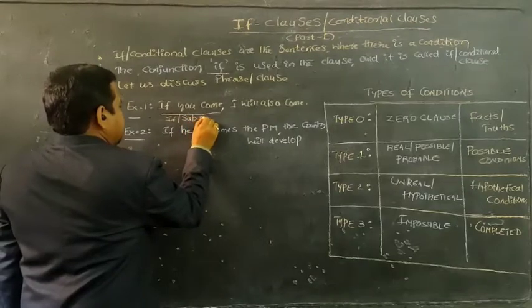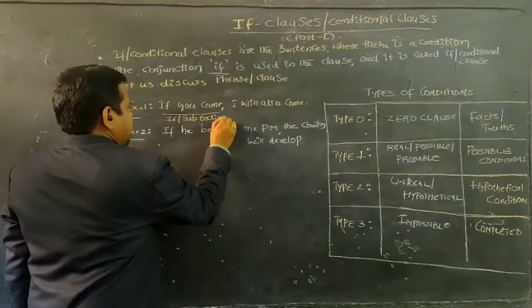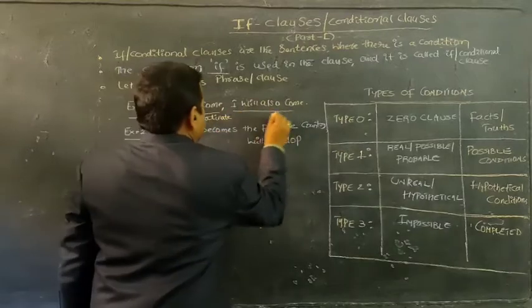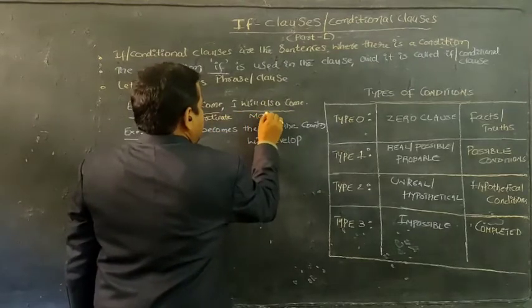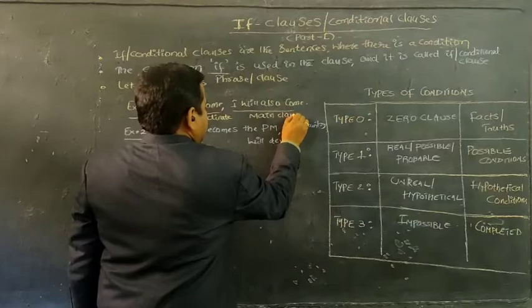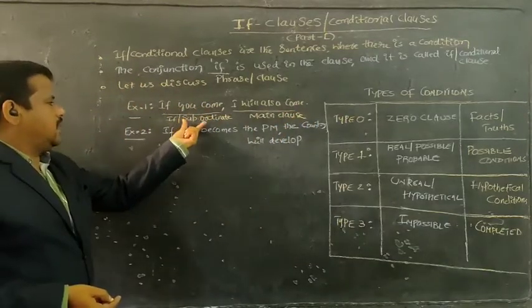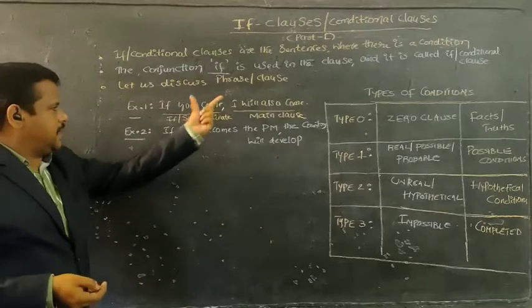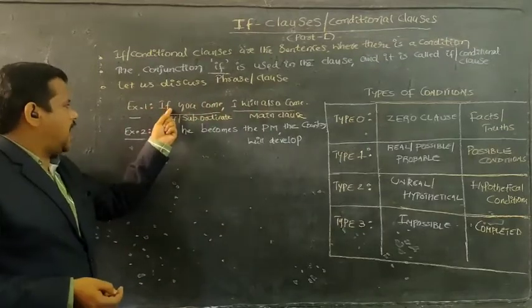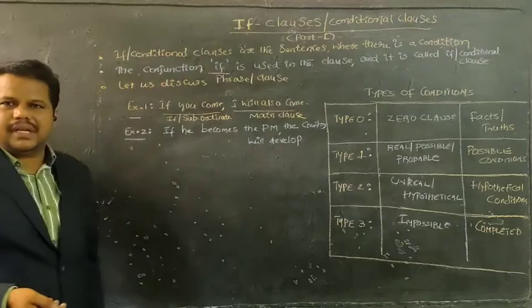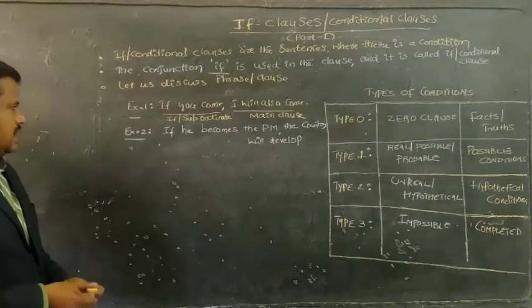The first part is the subordinate class and the second one is called the main class. Just read independently. I will also come becomes the main class. And if you come is not a complete sentence. It is depending on the main class. If you add the if, it becomes an if class or conditional class.